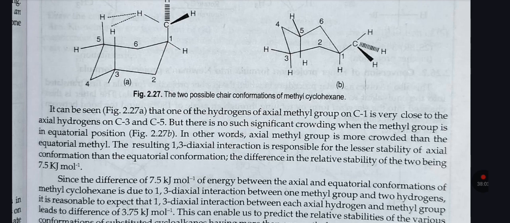The resulting 1,3-diaxial interaction is responsible for the lesser stability of the axial conformation than the equatorial conformation, the difference in their relative stability being 7.5 kJ per mole.